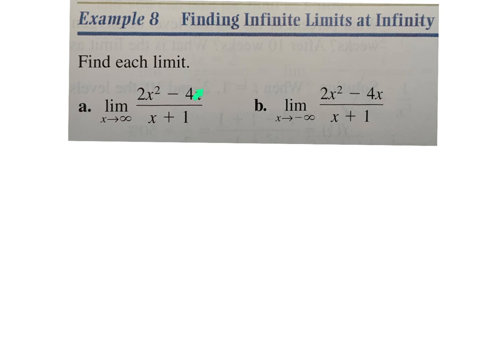I will say for the most part, this guy doesn't come into play very much, because if I take 2 times a ginormous number and square it and subtract 4 times that number not squared, right? Really, this guy's going to control what happens. Does that make sense? Okay, this guy's going to really control what happens.